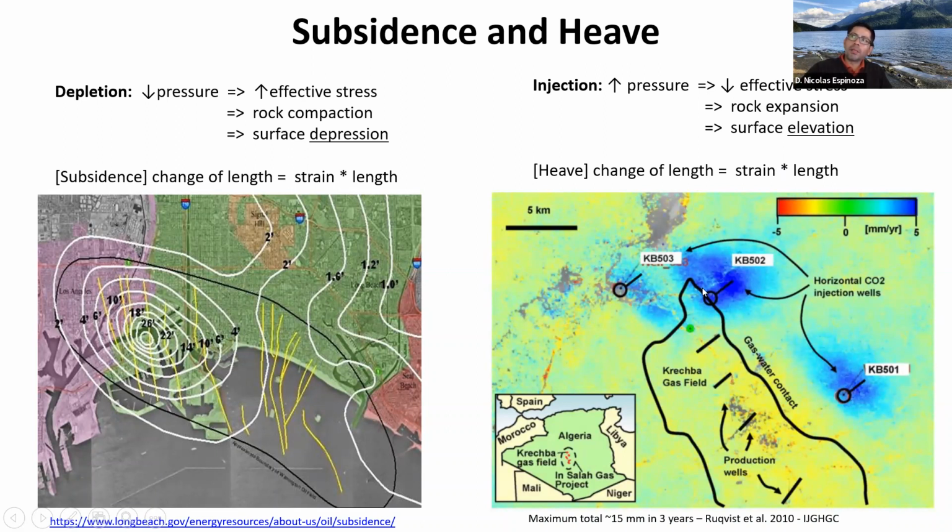For example, in this case in Algeria, with CO2 injection, a surface elevation of more or less 15 millimeters was measured. That's not much, particularly thinking that this was in the middle of the desert, so there are no people, no facilities, nothing that was really compromised. But that's something that you also have to take into account in cases in which the surface heave might compromise surface facilities or people living on top of that.